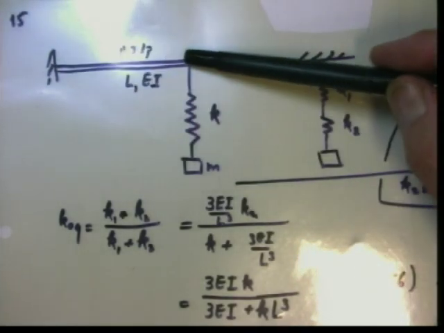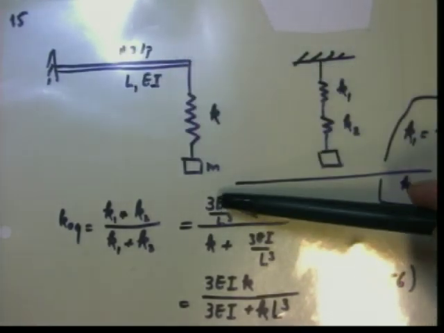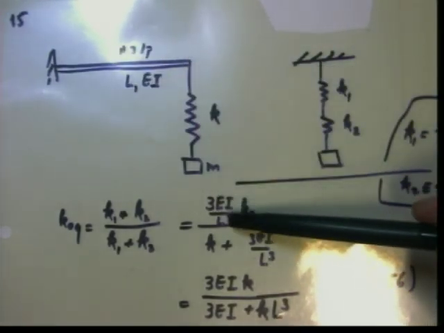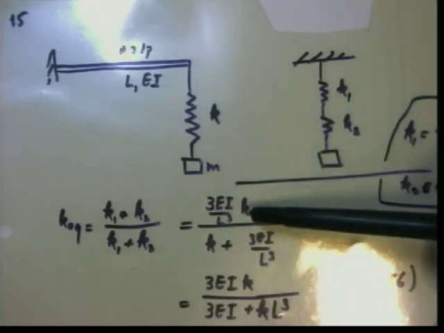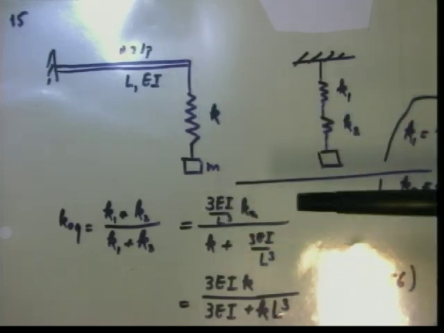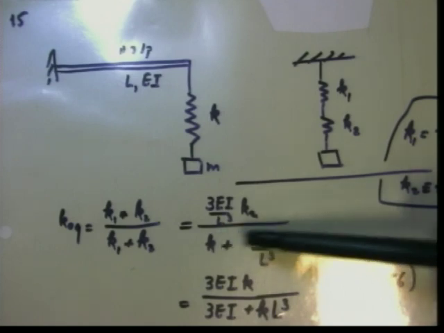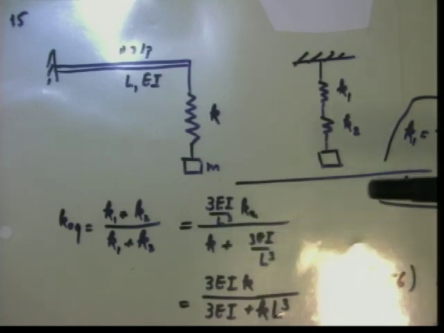So this beam is a spring with constant 3EI divided by L cubed. This spring has just K, nothing here. So then this is K plus 3EI over L cubed.